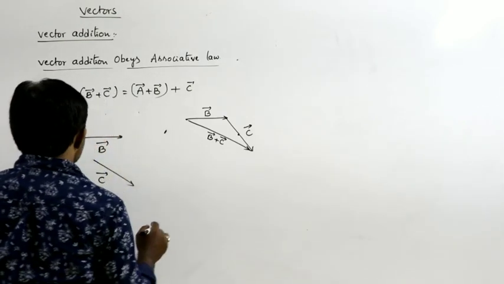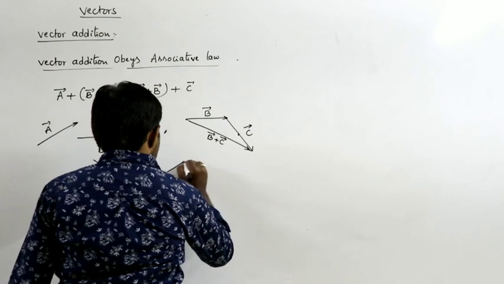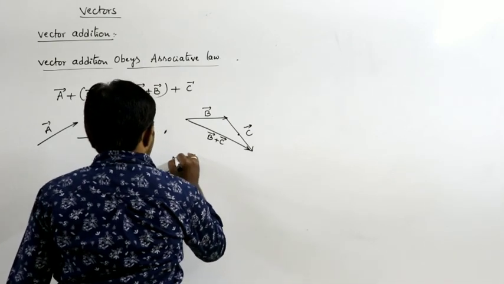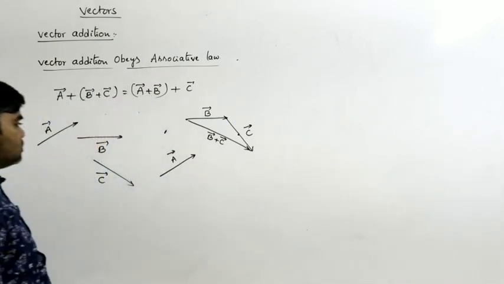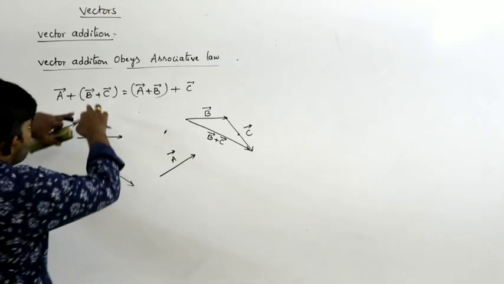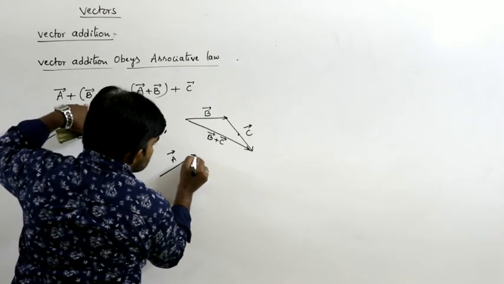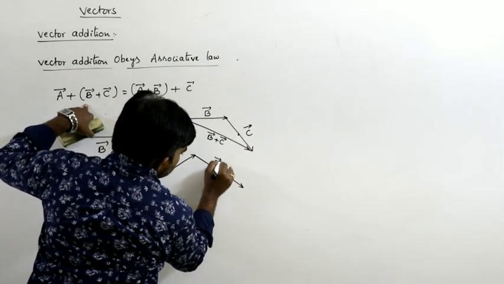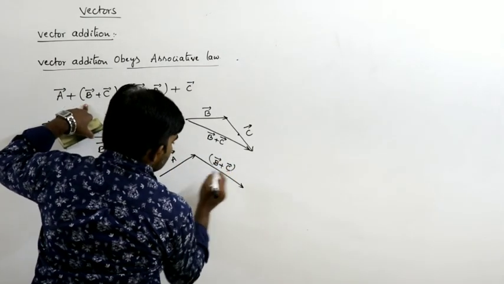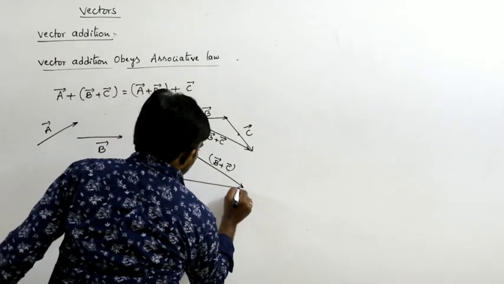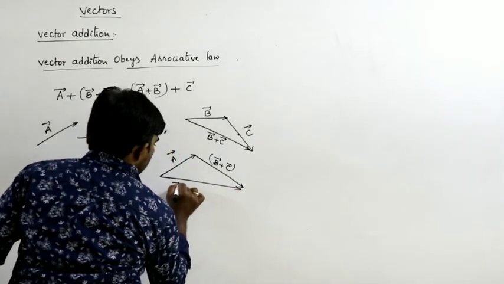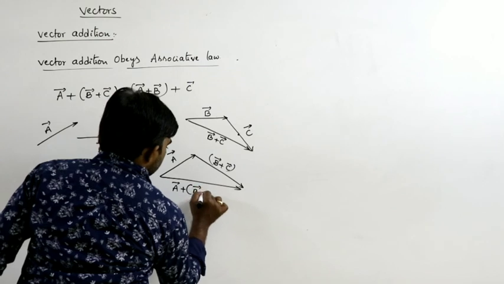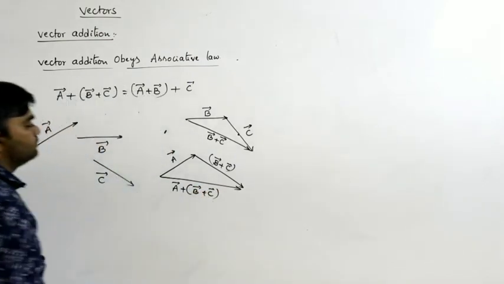This is the direction of a bar. And this is the direction of b bar plus c bar. The addition of these two gives a bar plus b bar plus c bar.